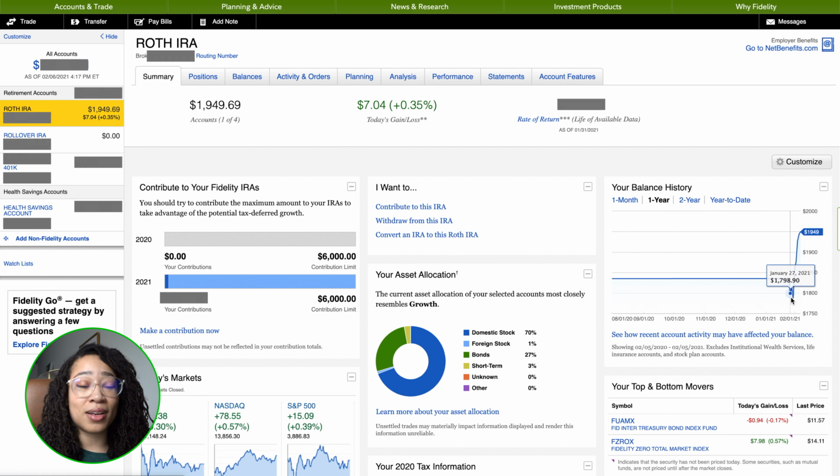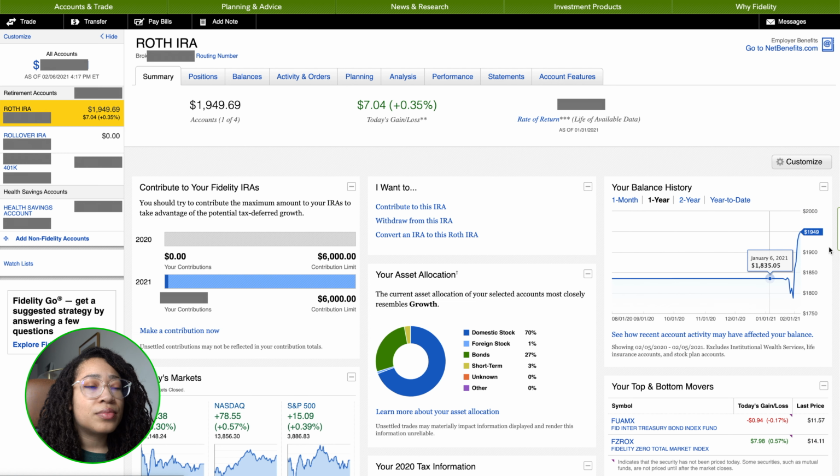I guess the stock market was doing poorly around this time. So the value of my stocks dropped, but then it has since gone up. I think that's a combination of me contributing, but then also I think the stock market is doing better right now. So that's why it's gone up.